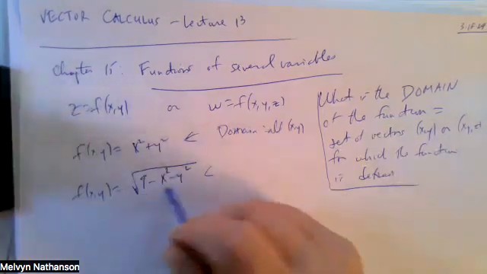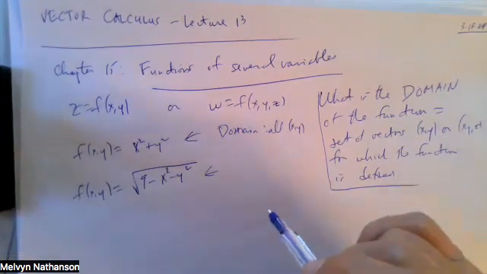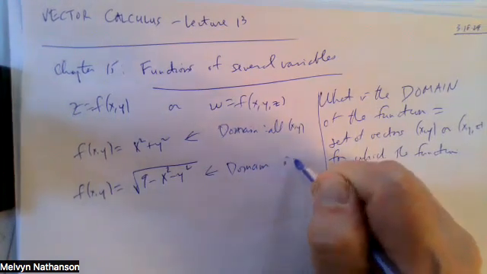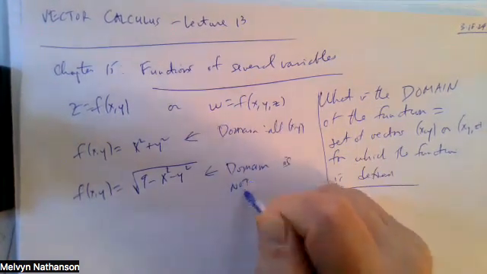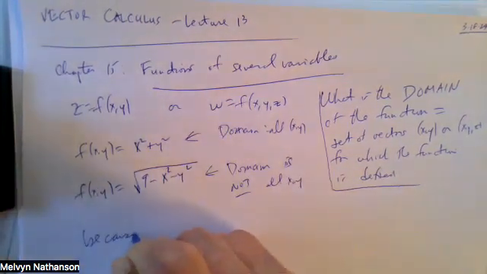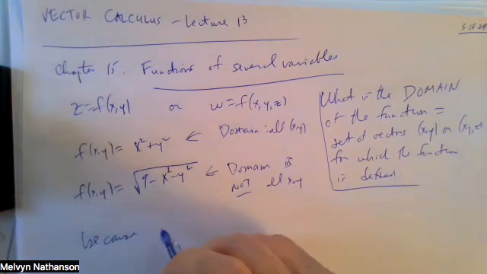But for the function square root of 9 minus x squared minus y squared, the domain is not all x, y, because you're taking a square root.